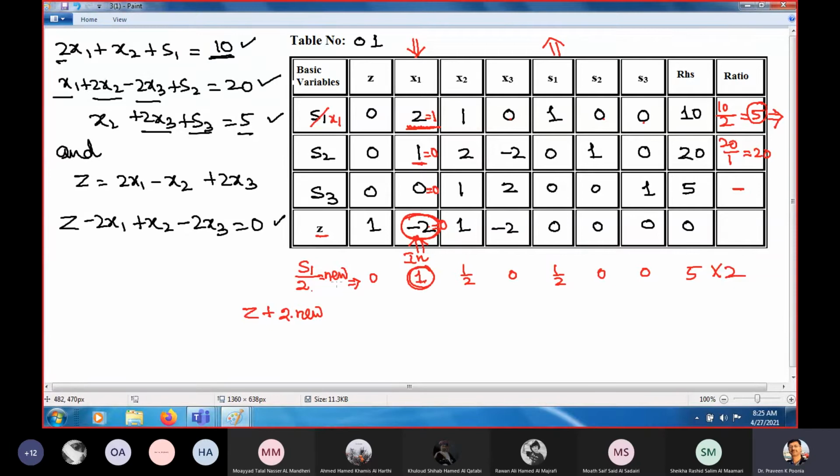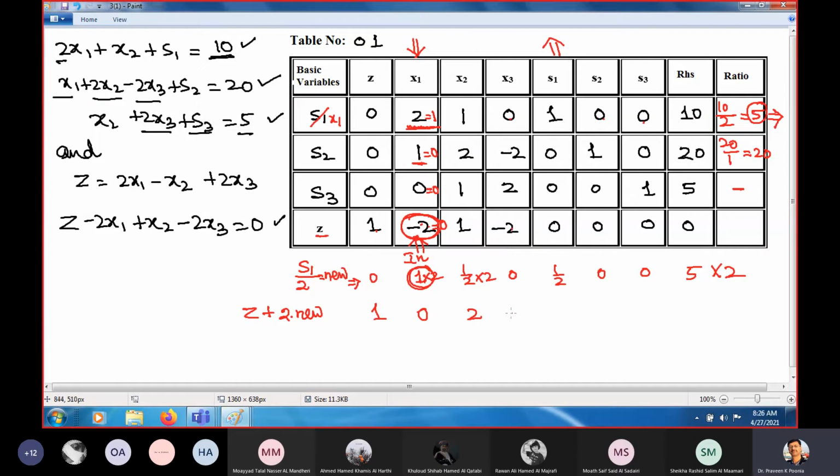So we make them plus. 1 plus 2 into 0, 1. Minus 2, and this is 2 into 1, 2. Minus 2 plus 2, 0. This is 2 into 1 by 2, 1. 1 plus 1, it is 2.